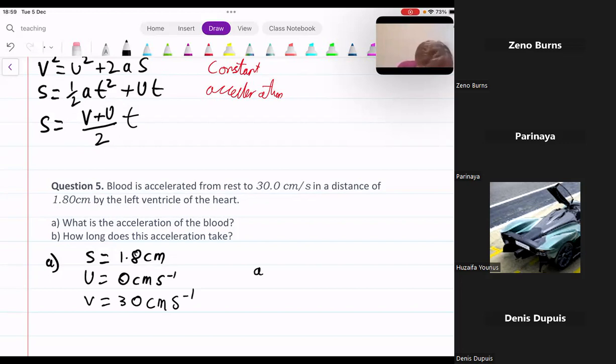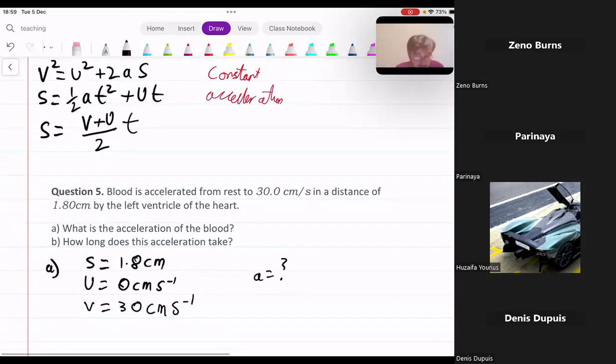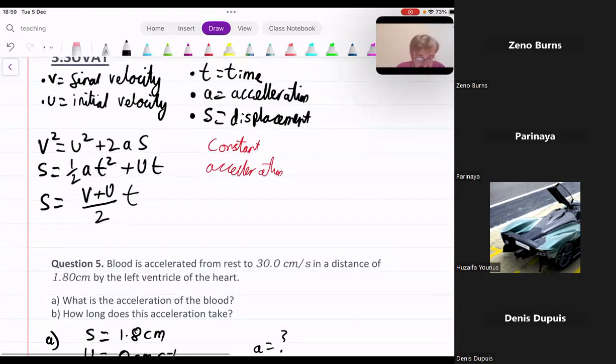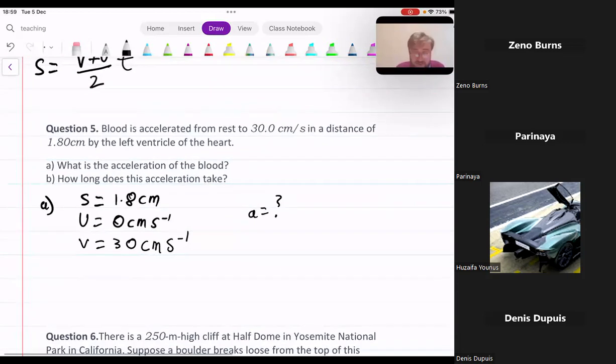And the thing we want to work out is A. So let's look. Which of these equations has V, U, S, and A in it? And we see that it's this first one here. The other two have time in them. We're not after time, or at least not yet.